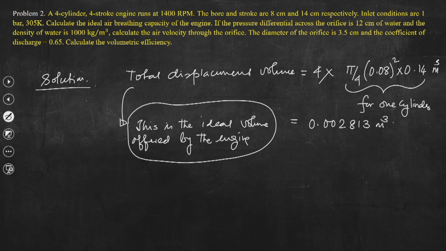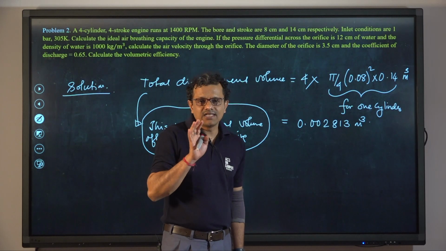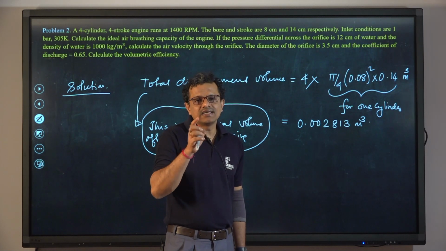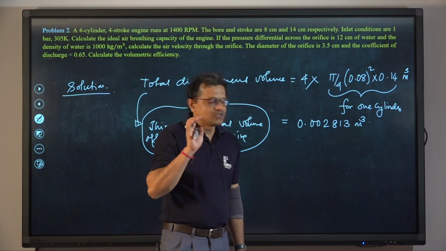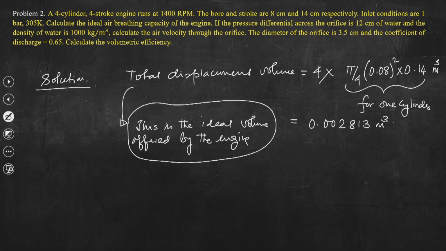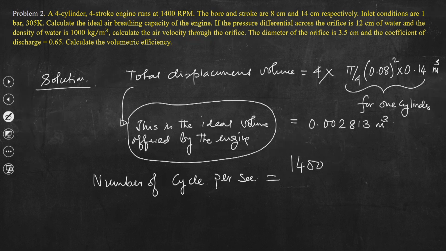This is a 4-stroke engine, which means in one cycle there are 2 revolutions. So if we calculate the number of cycles per second, it equals RPM divided by 60, that is RPS, divided by 2 revolutions.